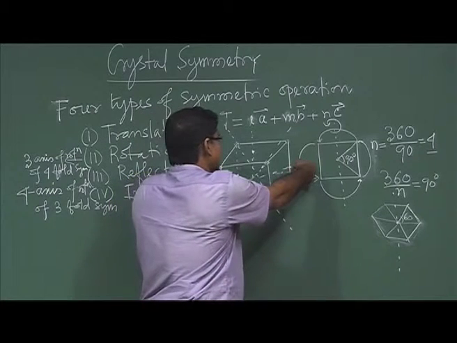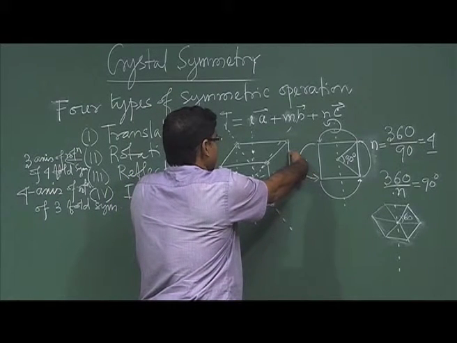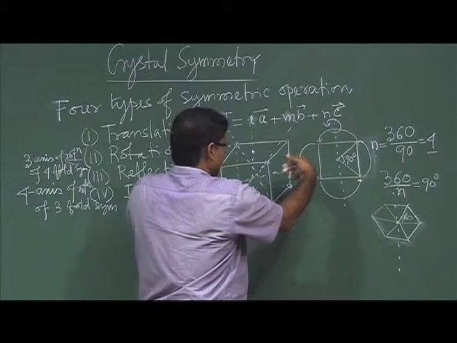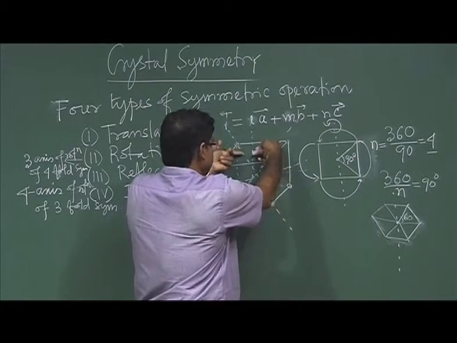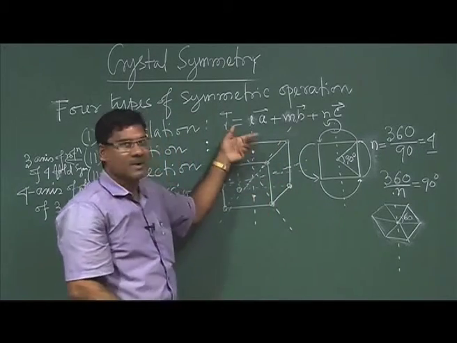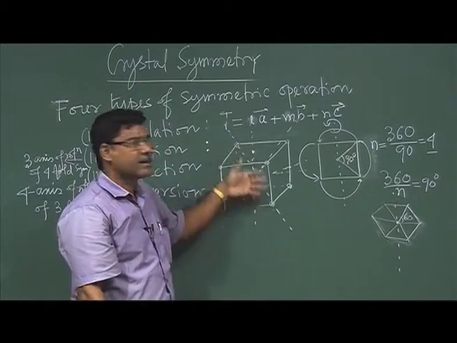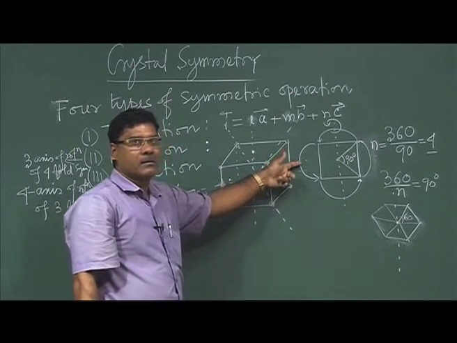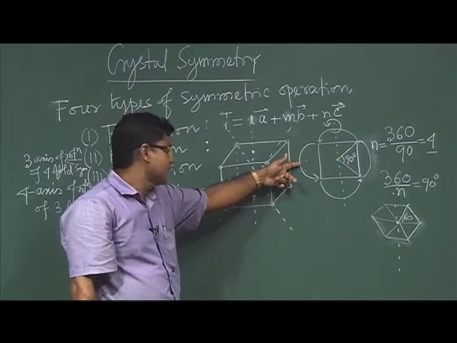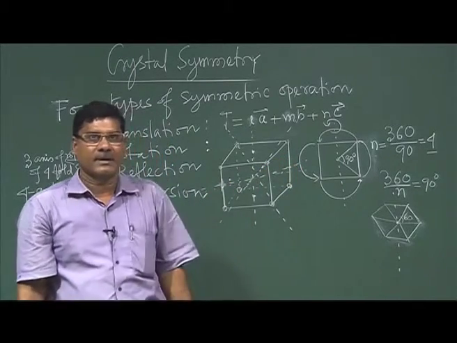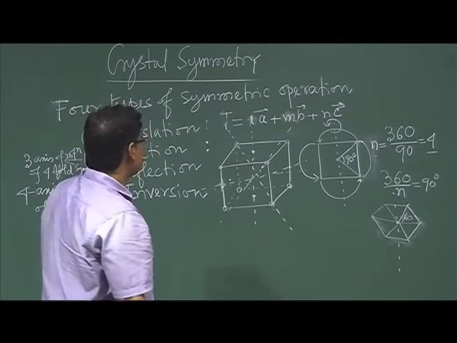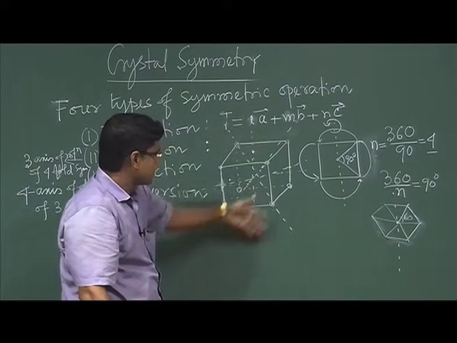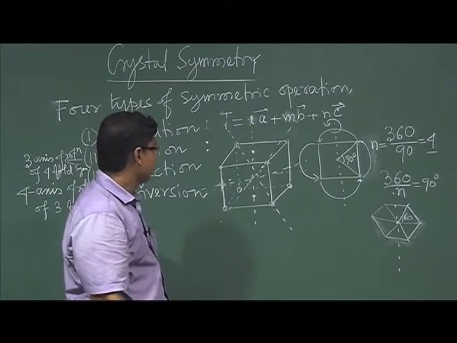With this axis, if you rotate by 90 degrees, you will not get the same configuration, but if you rotate by 180 degrees, this face will come down and this will go up, but both faces are the same. So, you will get an invariant position. So, it can be treated as a rotational axis of symmetry, and it has two-fold symmetry. From this cube, how many of this type can you have?